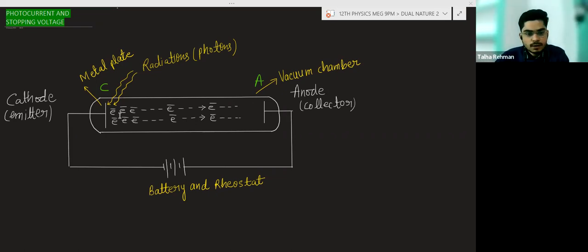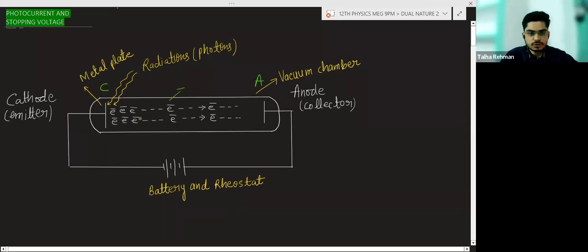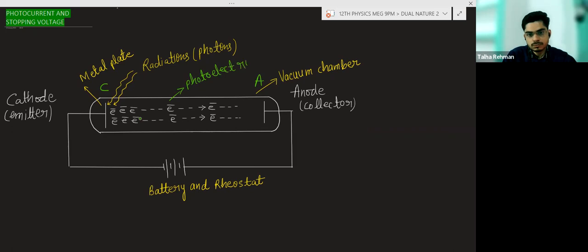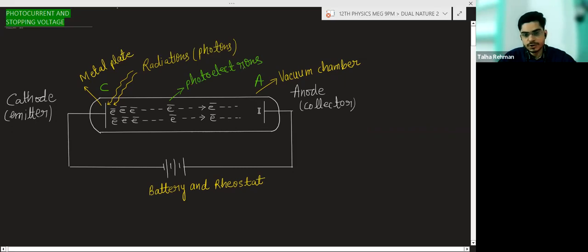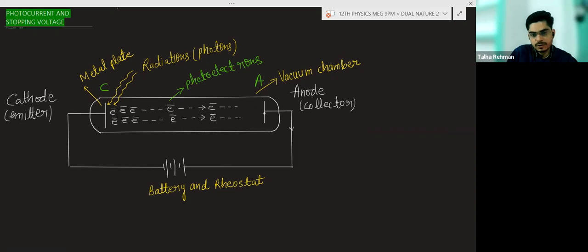So these electrons are moving from cathode to anode. These electrons are photoelectrons. The electrons will move from here to here, at the anode, and finally the electrons will move like this.